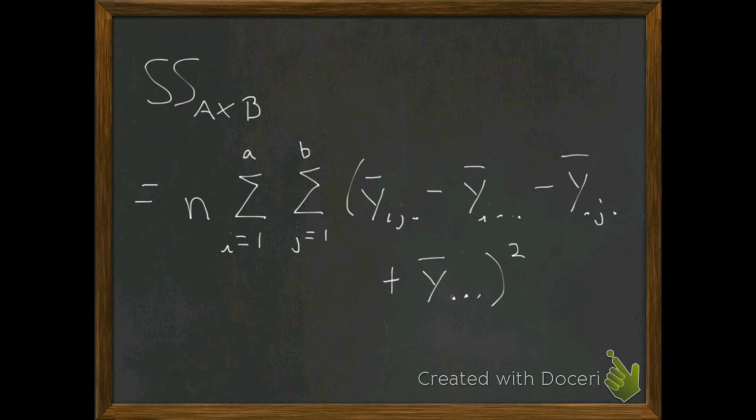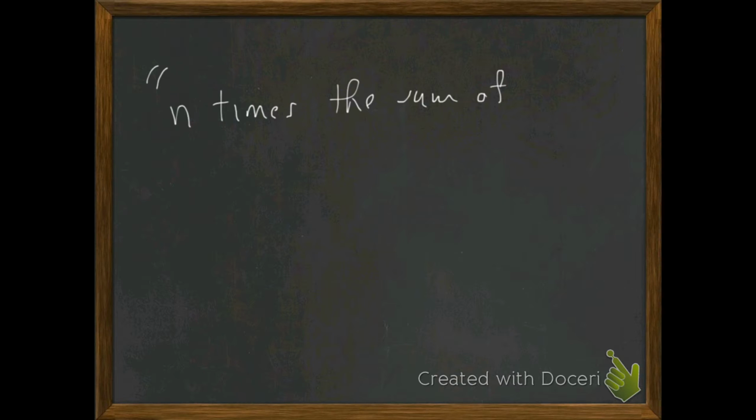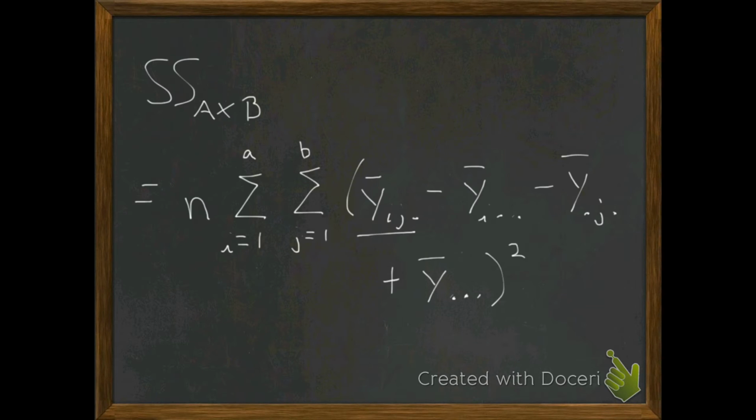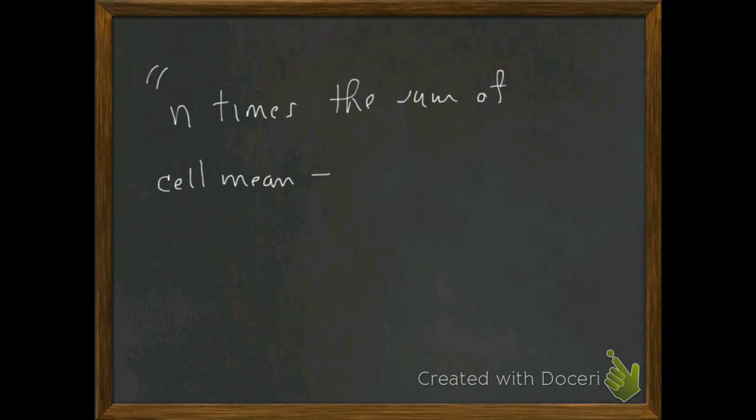What we're doing here is we're taking N times the sum of this part, which is going to be the cell mean. This part is going to be the row mean.